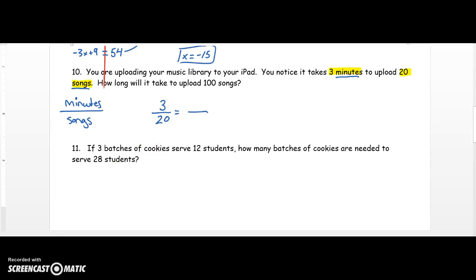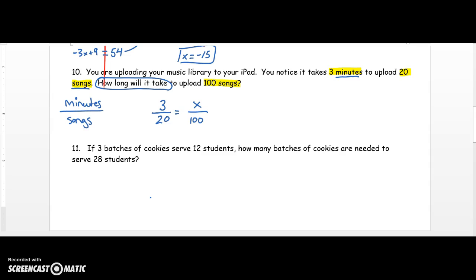Now, to finish it, you have how long will it take to upload 100 songs. Songs is on the bottom, so I'm going to put 100 on the bottom. And they're asking you how long will it take. So do we know the minutes? No. If you don't know a number, go ahead and just place a variable there until you figure it out.